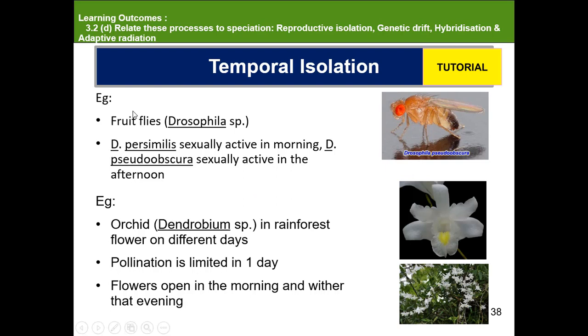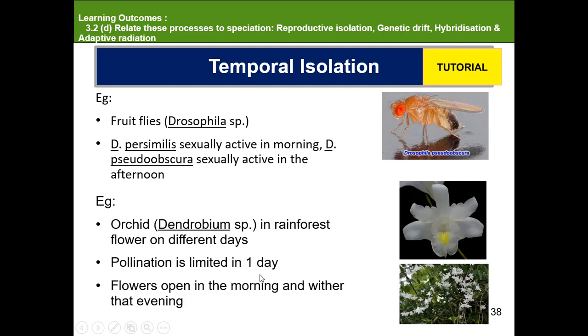The other example is about fruit flies. Drosophila pessimilis is sexually active in the morning, while Drosophila pseudoobscura is sexually active in the afternoon. So they cannot mate. Another example, an orchid in the rainforest flowers on different days.